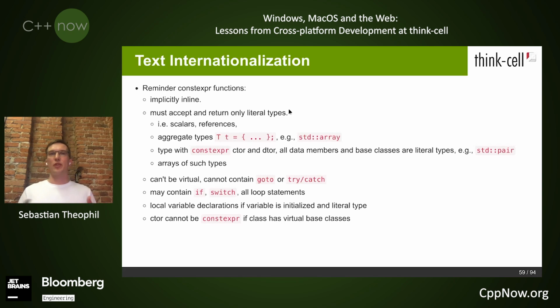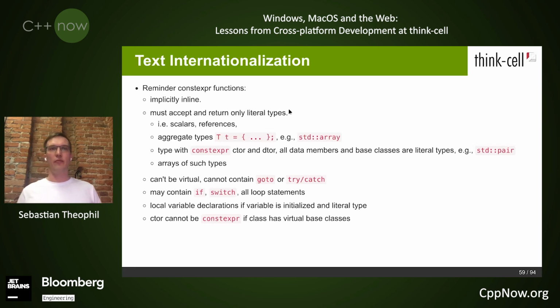And it can be types with const_expr constructors and destructors, as long as all base classes and data members are literal types themselves, and all arrays of such types. And then, most importantly, const_expr functions can contain if and switch control statements, loop statements, and even local variables, as long as these are initialized and literal type.